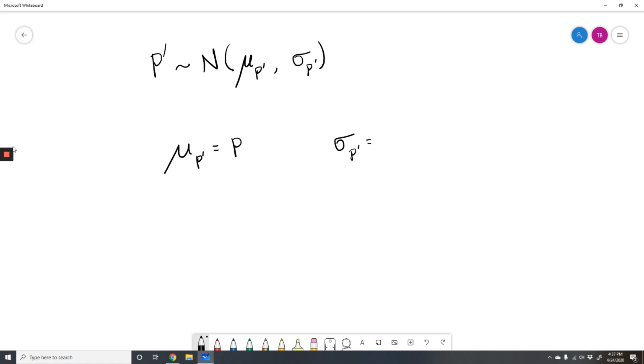In fact, if you recall, the central limit theorem states that our distribution of sample proportions is normally distributed with mean mu sub p prime and standard deviation sigma sub p prime, where mu sub p prime is the population proportion and sigma sub p prime is the square root of the population proportion, p times 1 minus p, over n, where n is the sample size.